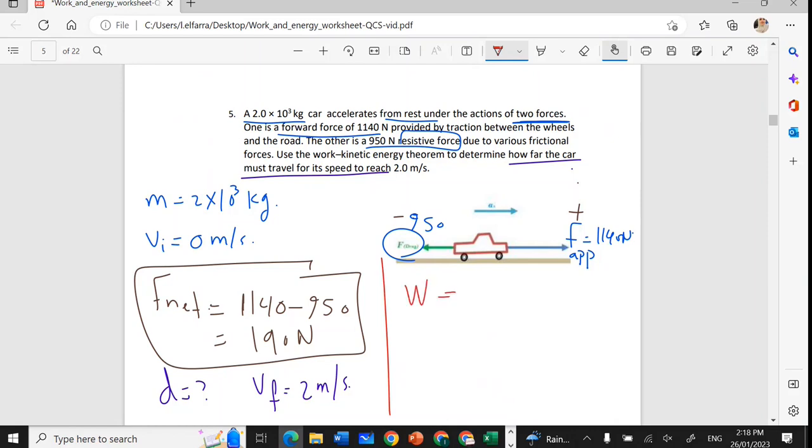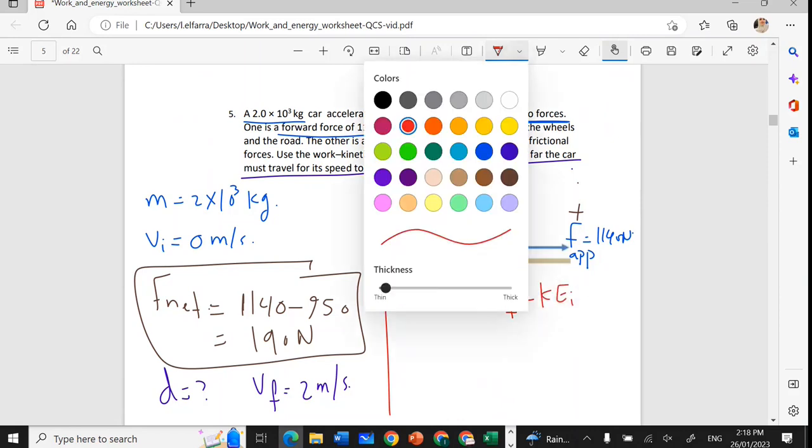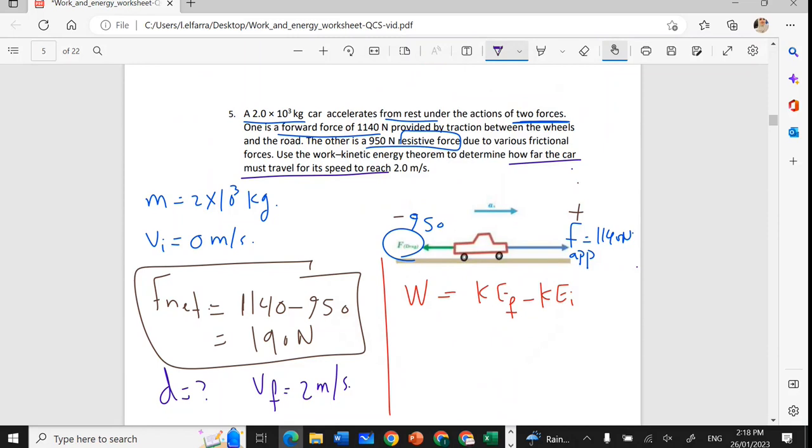W equals kinetic energy final minus kinetic energy initial. Now the initial velocity is 0. Work will equal F net, the net force acting on the object, times the displacement. This will equal half M V final squared.